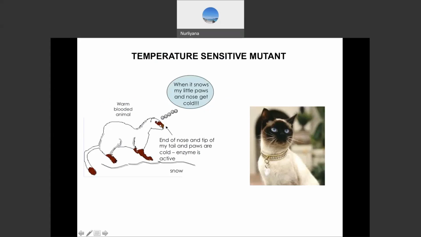That means the enzyme in this area is active. However, at high temperature, during summer for instance, it no longer has patches on the side of the body. These are examples of an indicator of a mutant.